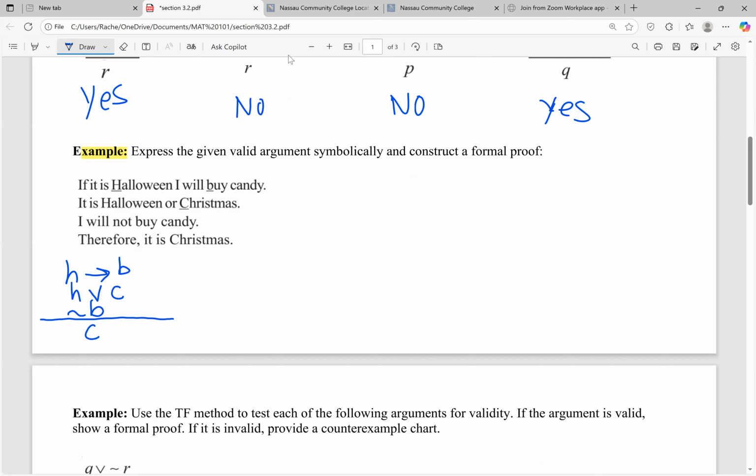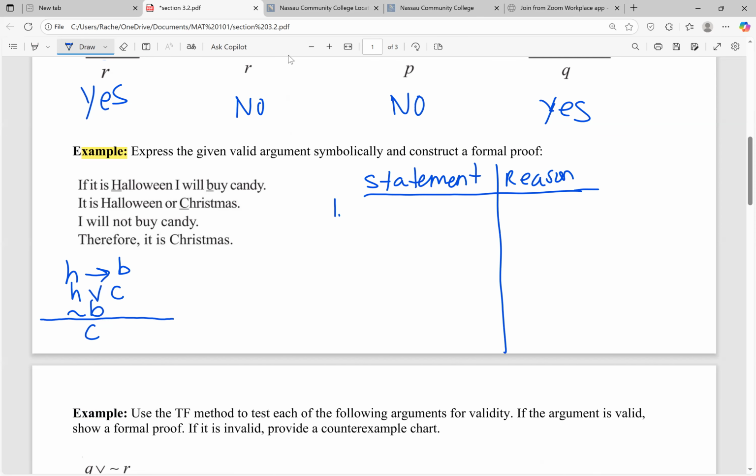So we're going to set up our table. We have to have a statement and then a reason. Let's keep in mind the previous argument forms that we had. In section 3.1, we had modus ponens and modus tollens.